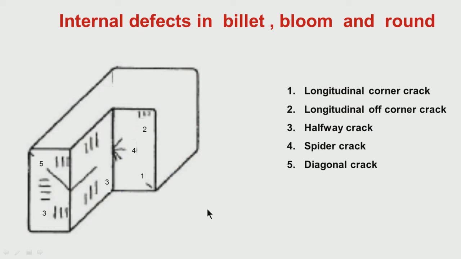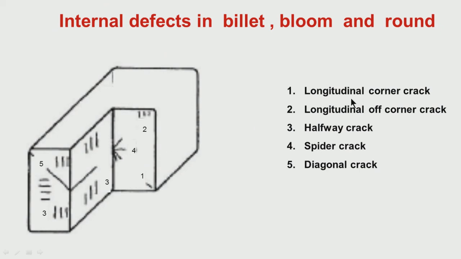So, what are the types of internal defects I have talked about? Longitudinal corner crack, one. Longitudinal cracks, you are only seeing the trace on one section. If you take another section, you will find the trace of it. So, it is extending in the longitudinal direction, but internal, not at the surface.